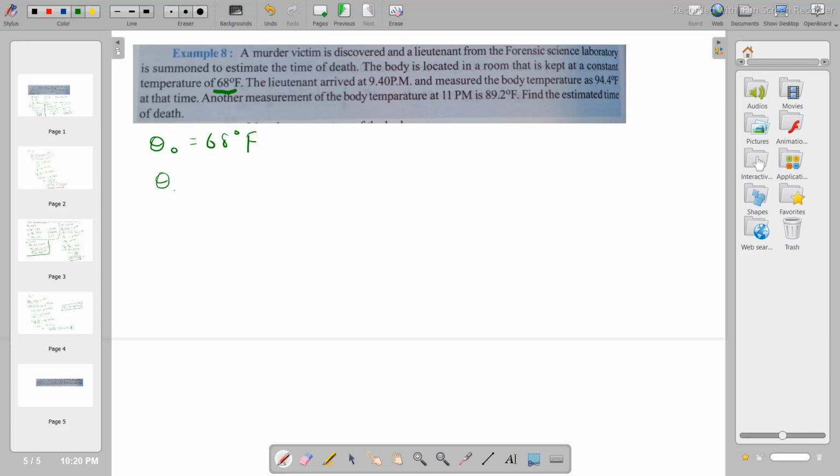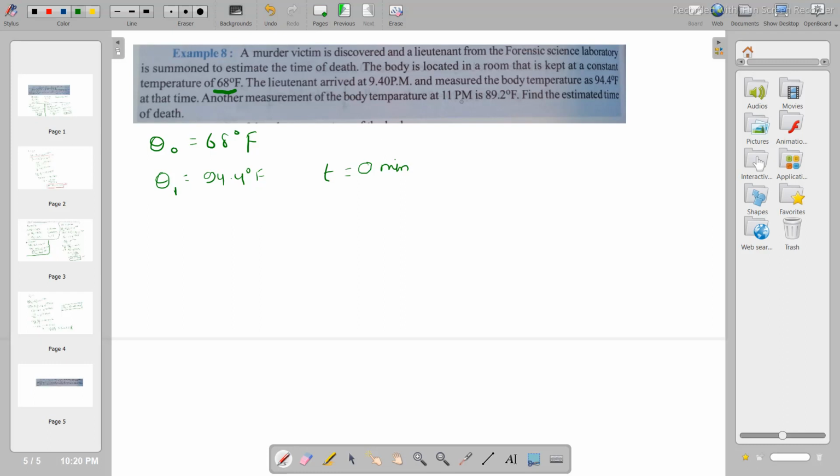So theta 1 will be 94.4 degrees Fahrenheit. And what will be the time? That is the first measurement, so we will take it as 0 minutes.